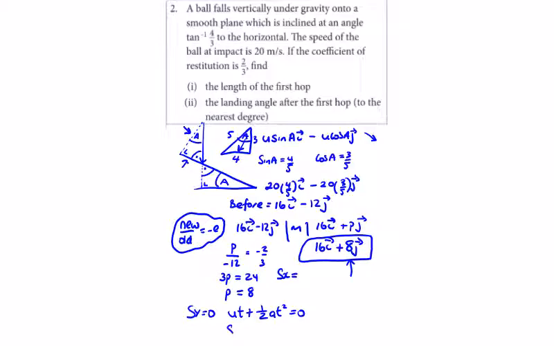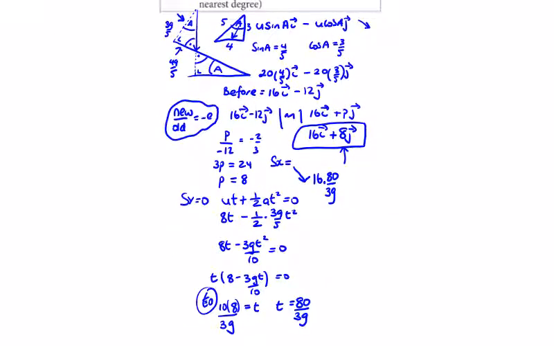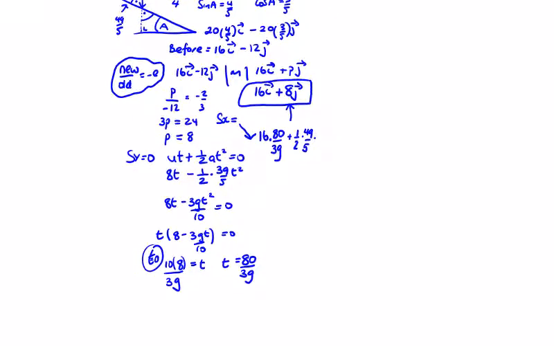My y is 8, so 8t minus a half of 4g/5 by t squared, which is 80 squared, 6400 over 9g squared.